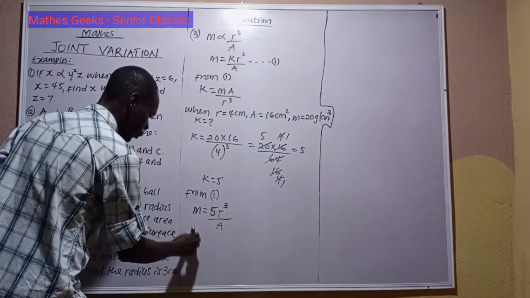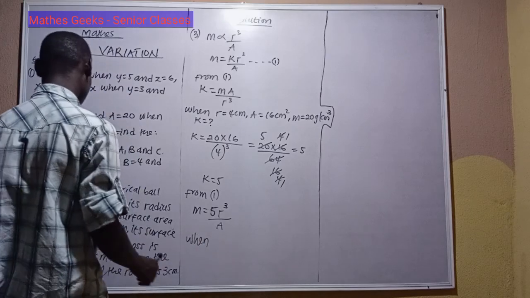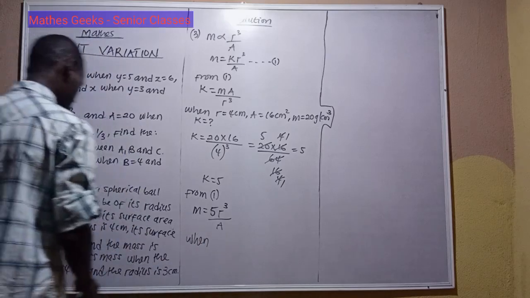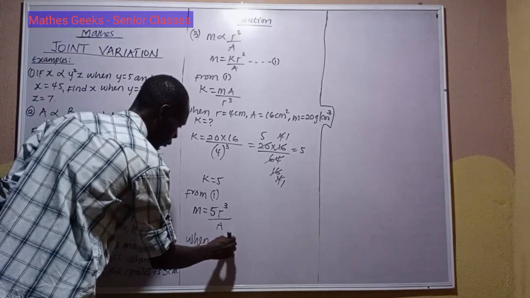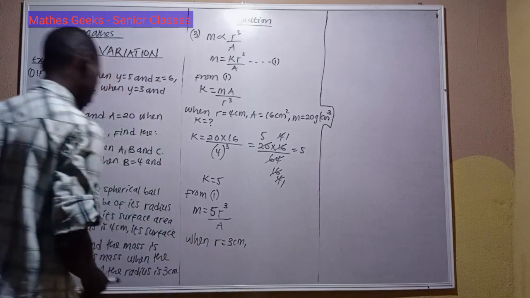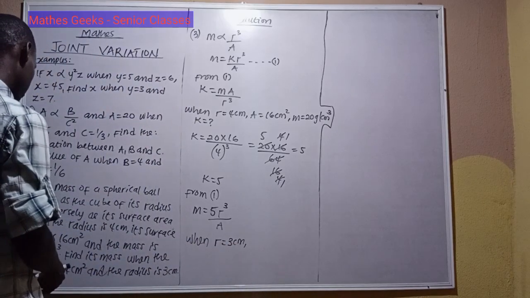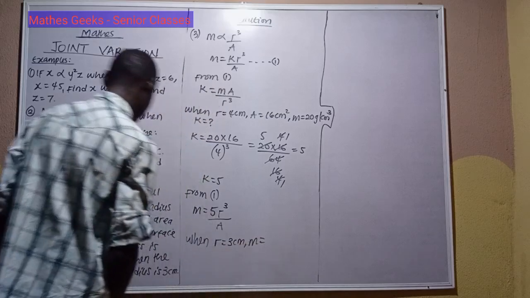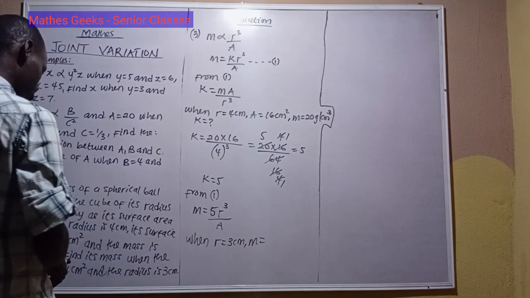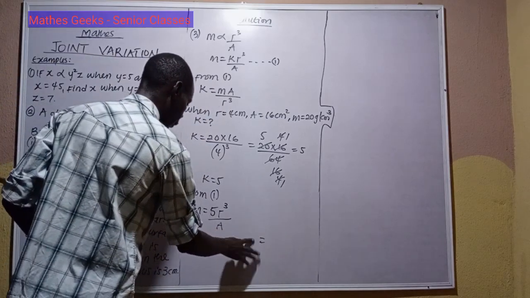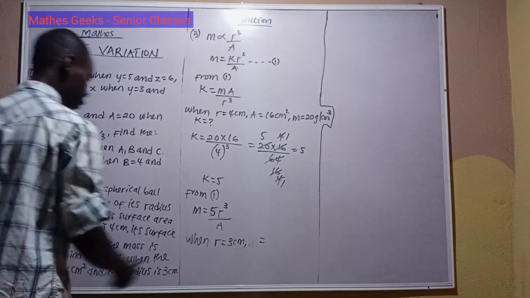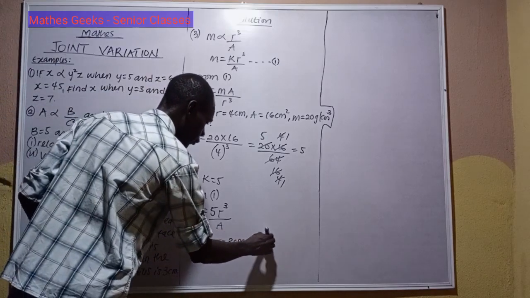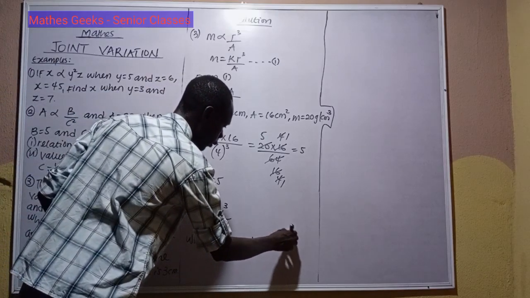So when R is 2 cm, the area is equal to 54 cm squared.